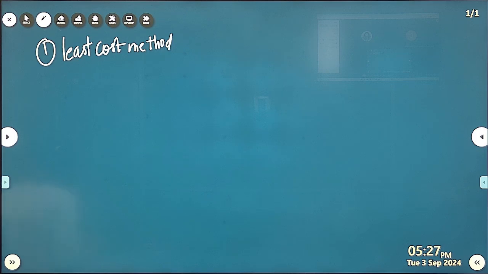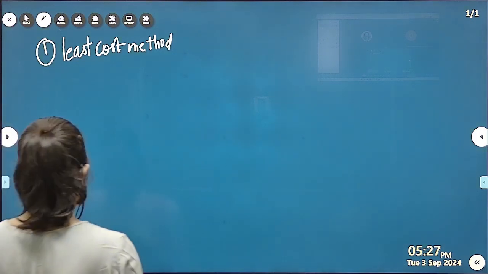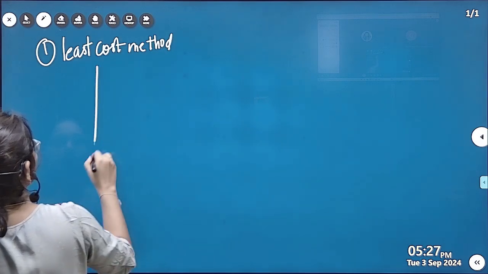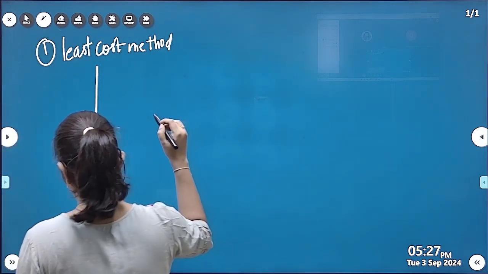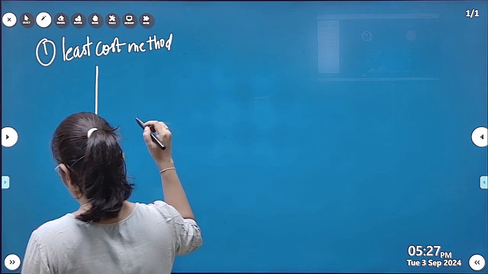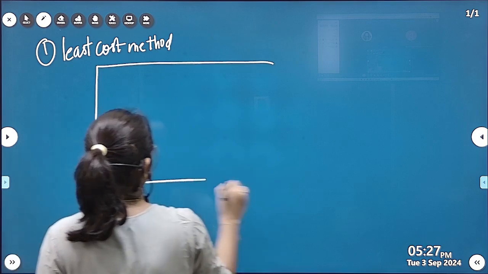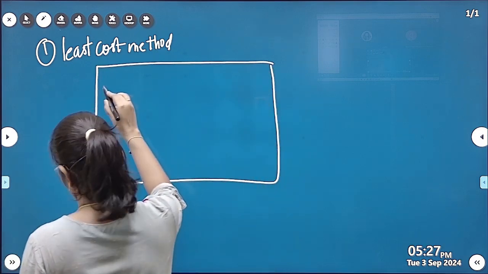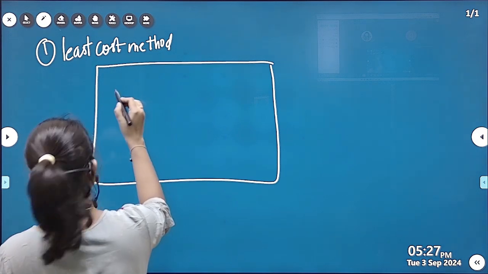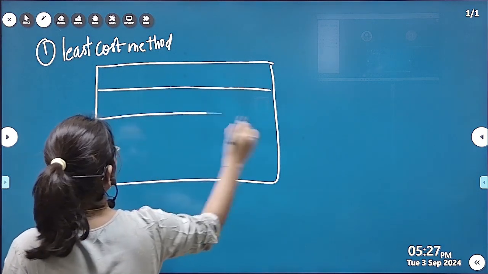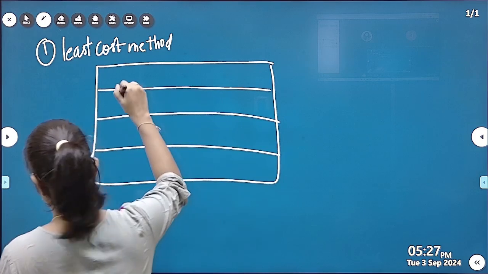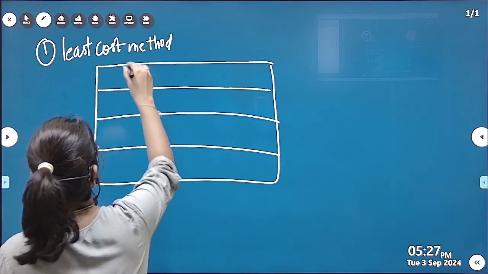So it's not from your book, but it's an example. Now we need to draw a matrix, 4 rows and 5 columns.